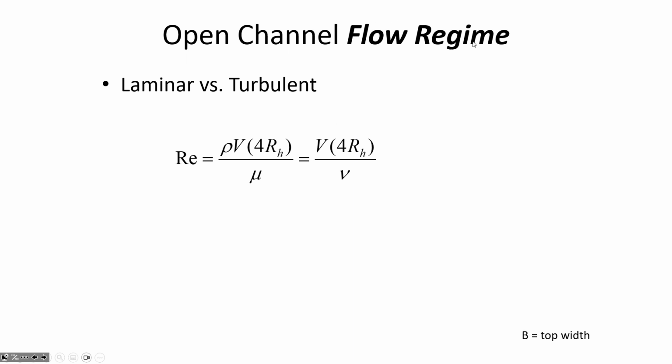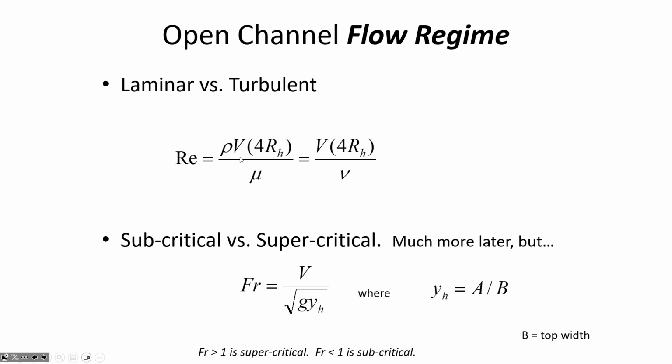But more importantly, I think you've got a homework problem due on Wednesday where you're asked to classify flow regime. Flow regime isn't necessarily referring to laminar versus turbulent, but more important in open channel flow is whether the flow is subcritical or supercritical. We won't get into it very much yet, but we will spend a lot of time on supercritical versus subcritical a little bit later.